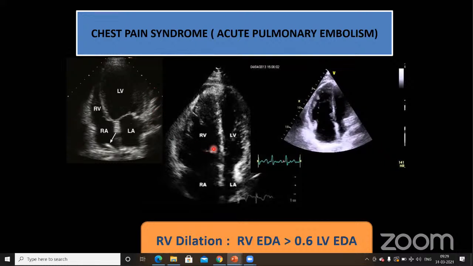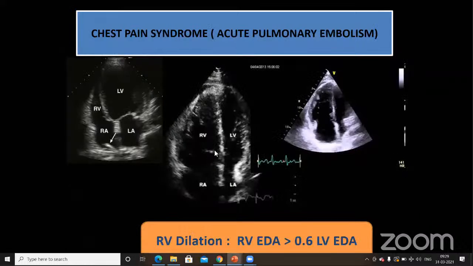So if you see this ratio increasing, that is the LV is less than the RV, or if the diameter is more than 0.6 of the LV, then you can say you have RV dilatation. That is one common thing you can eyeball and say my patient's RA, RV looks full.